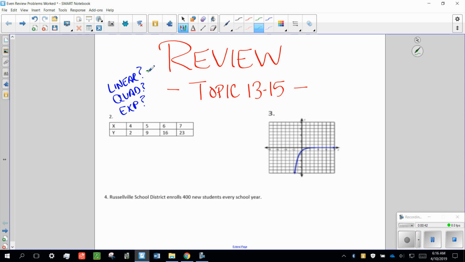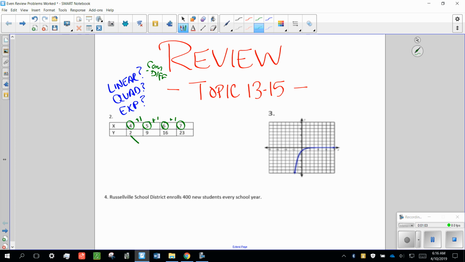If you have a linear function, it's going to have a common difference. Let's go down here. We have consecutive x values, 4, 5, 6, and 7, so plus 1, plus 1, plus 1.